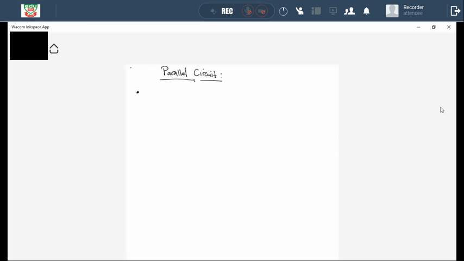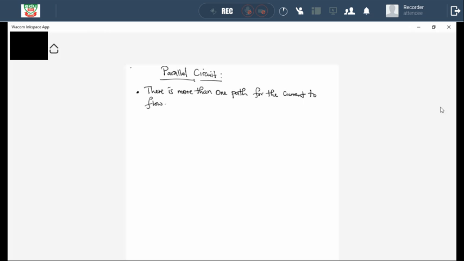Number one, we must appreciate that when we have a parallel circuit, there is more than one path for the current to flow. So in other words, we are saying in a parallel circuit, current divides, right? That's what we are saying.